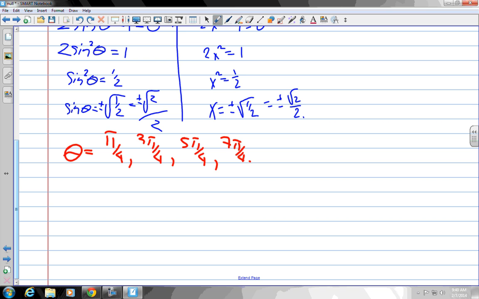Okay? If the question was find all solutions, then you would say theta is actually much simpler, pi over 4 plus pi over 2 k. Because again, each one of those points has a period of 2 pi, but just because it's that 45-degree thing, there's an easier way to express that.